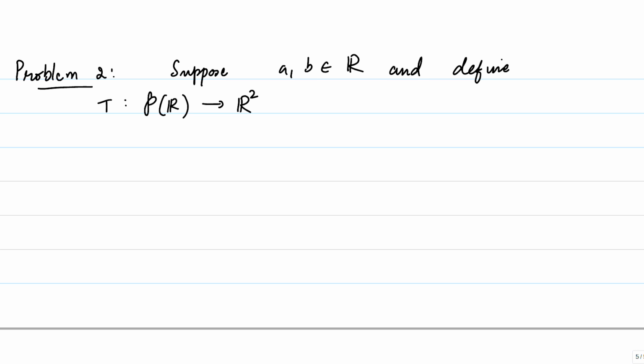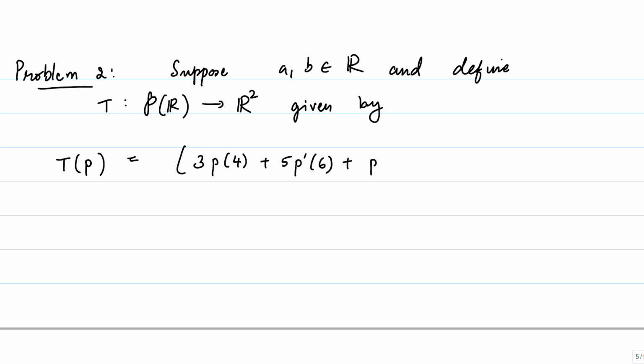As of now, we are just defining a function given by T of P, so remember, P is a polynomial. This is just going to be equal to 3 times the evaluation of P at 4 plus 5 times P prime of 6 plus a times P of 1 times P of 2.